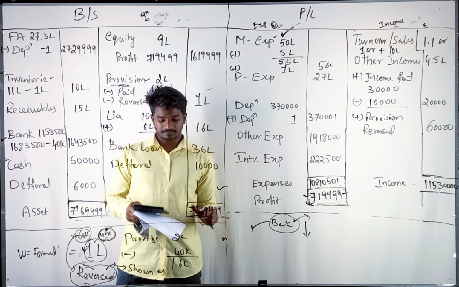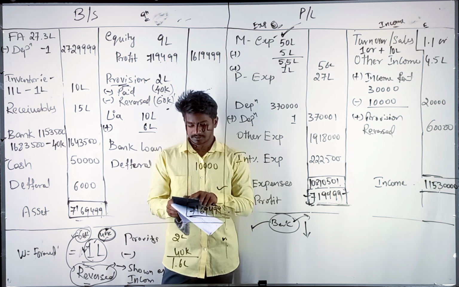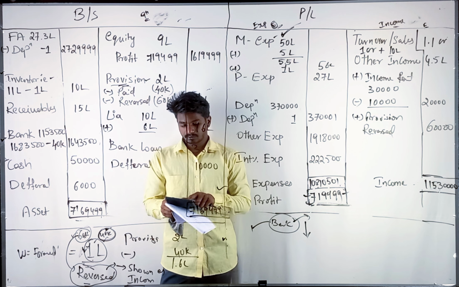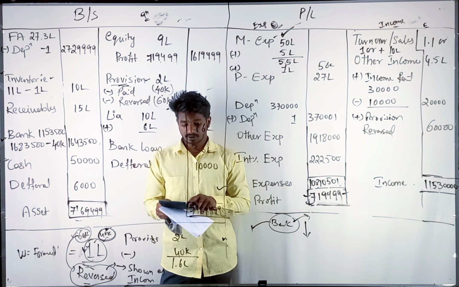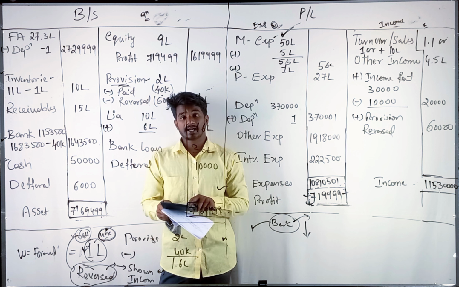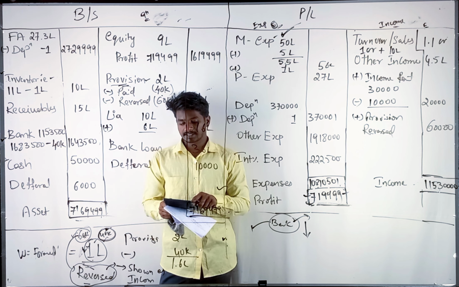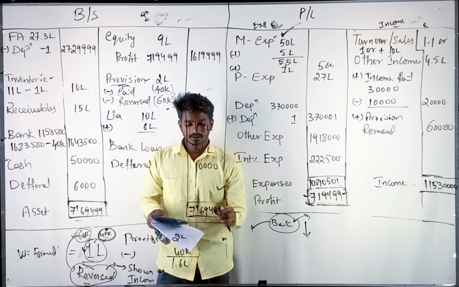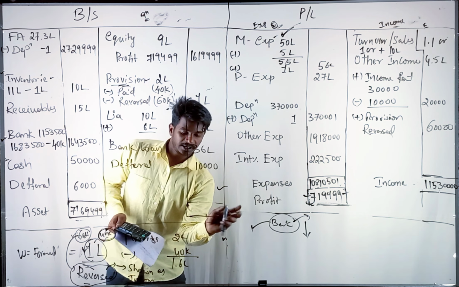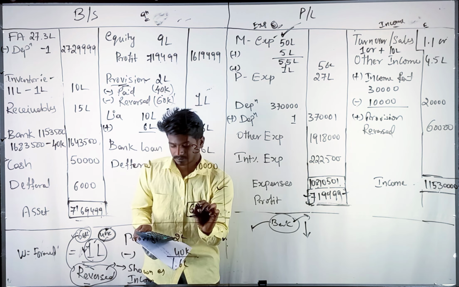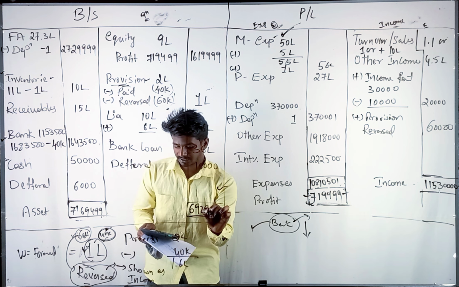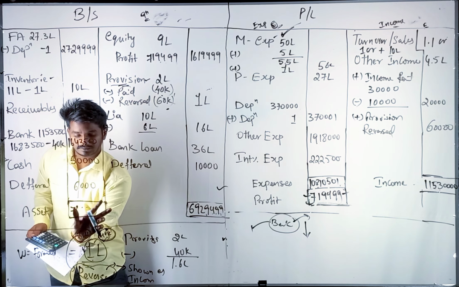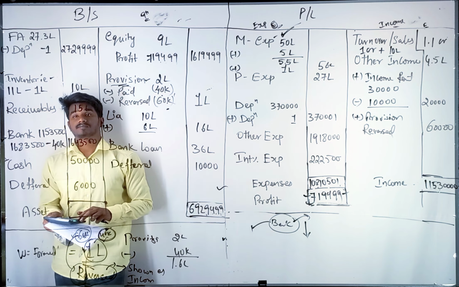Total it becomes 16 lakh 19,499. 1 lakh will be reduced and then 16 lakh, and then 36 lakhs, and 10,000. It becomes total liability 69, 29, 499. And this side, how much it is?